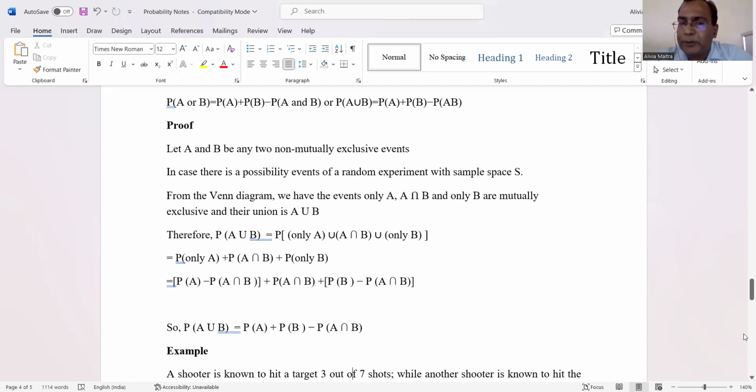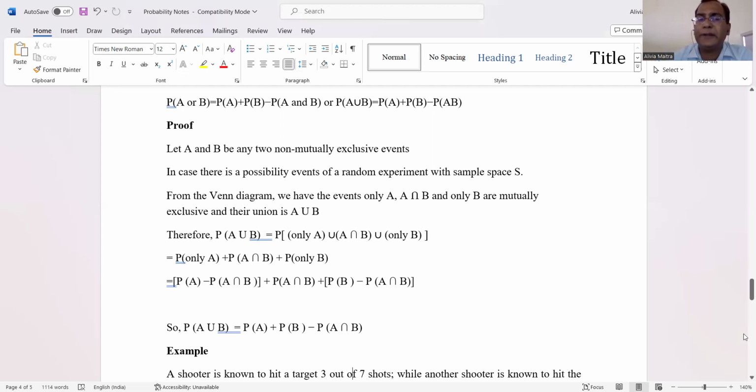So that means probability for only event A, plus probability for A intersection B, plus probability for only event B. And now we take this part as P(A) minus P(A intersection B), plus P(A intersection B), plus P(B) minus P(A intersection B).